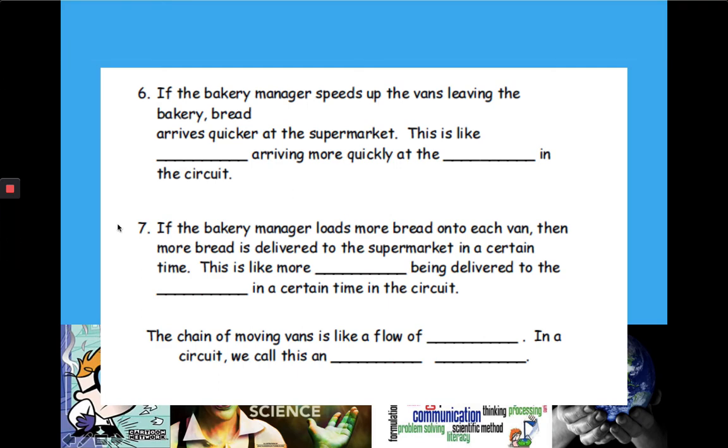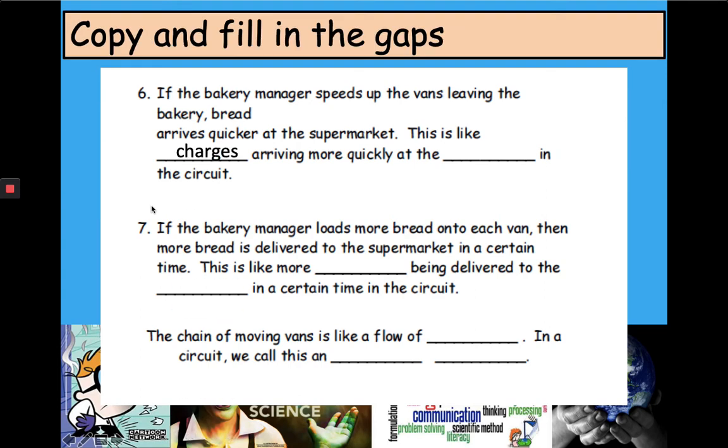Okay, so number 6. If the bakery manager speeds up the vans leaving the bakery, bread arrives quicker at the supermarket. Makes sense. This is like the charges arriving more quickly at the bulb in the circuit. Number 7.